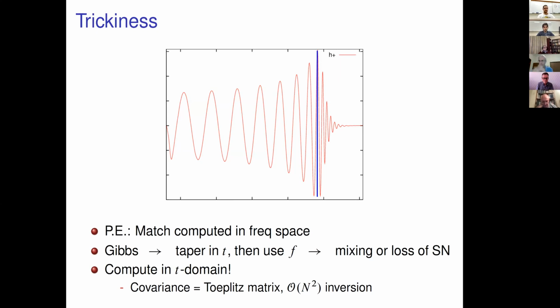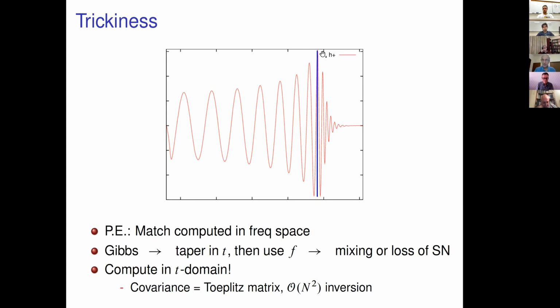So this is well known if there are any experimentalists in the audience, but for the poor theorists who may not have encountered this before, there's a well-known technique for dealing with this. What you do is you take a window function or a taper. So think of multiplying this signal by some kind of a signal which starts at 0 and then ramps up to 1, goes along at 1, and then falls off again at the end. And what that does is it smoothly turns on the signal and gets rid of the ringing, the Gibbs phenomenon.